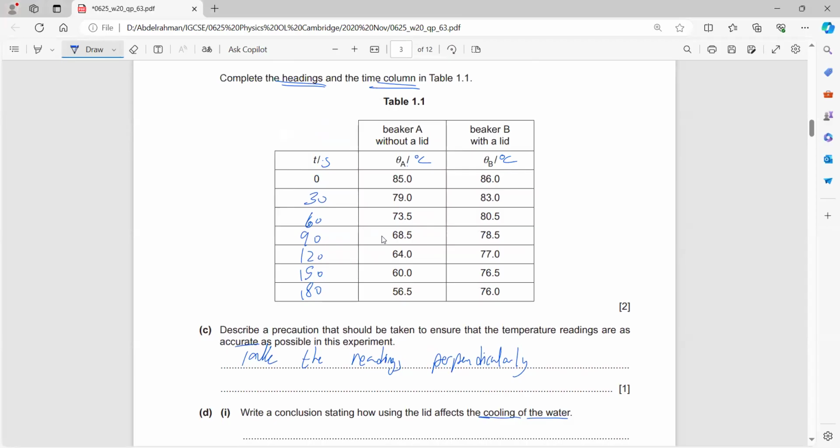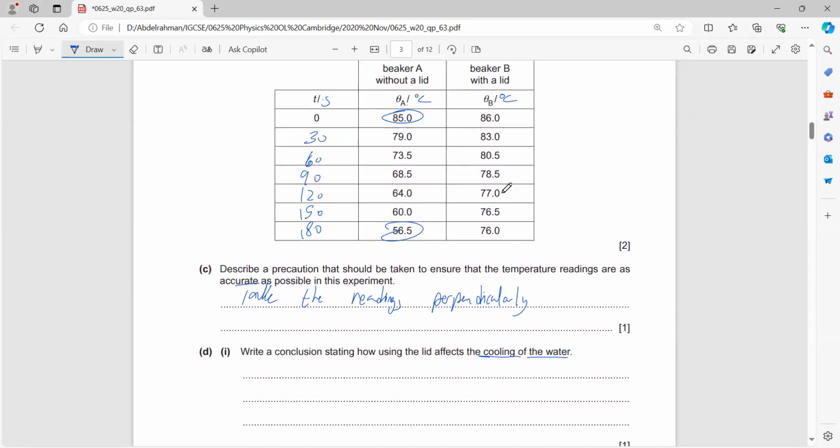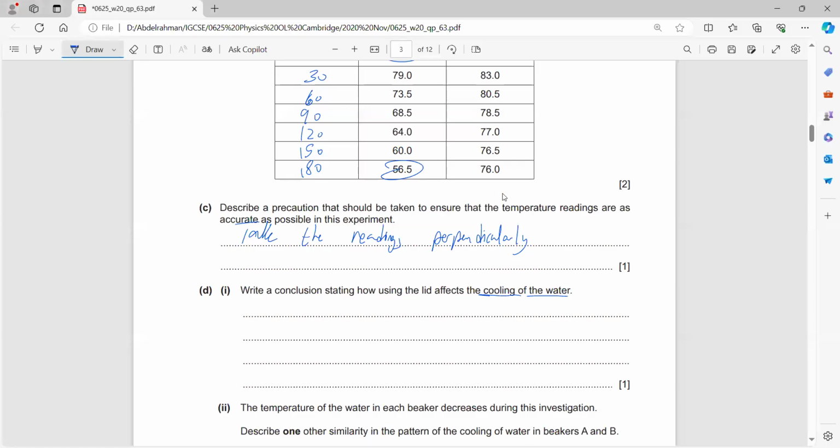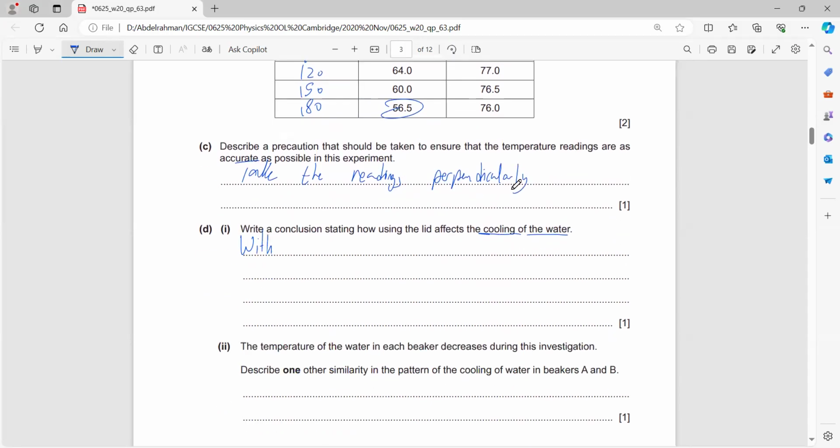How did I know? From the table above. Without the lid, initially it was 85 and finally it was 56.5.